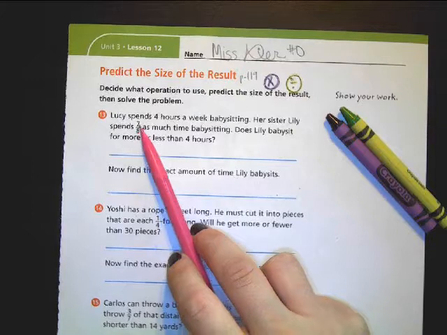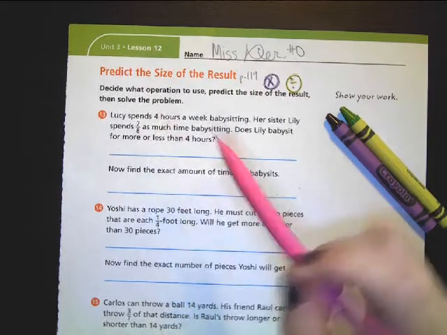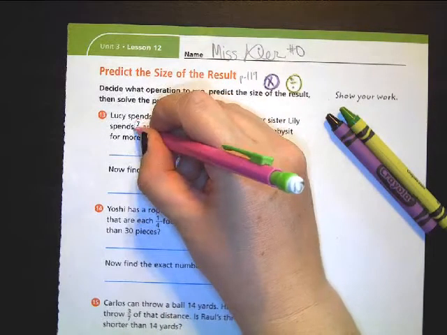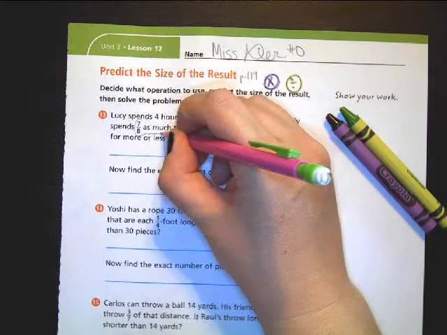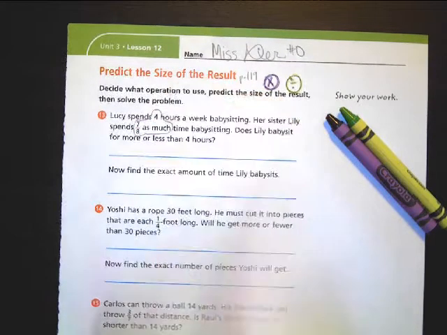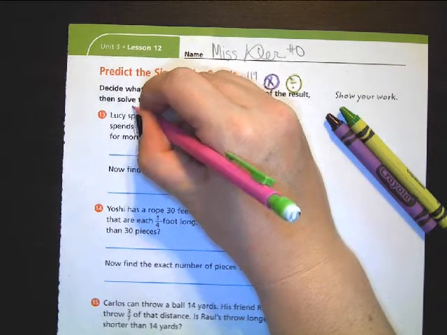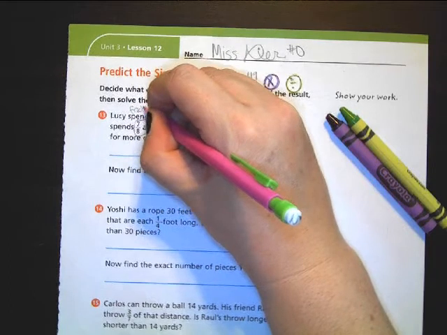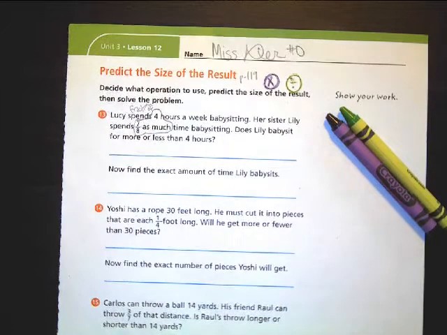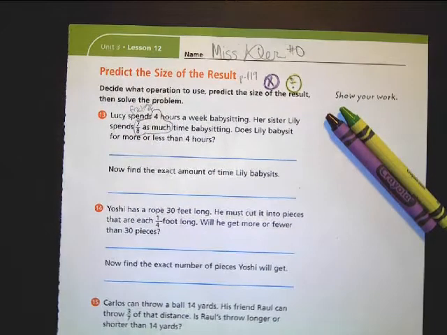So she's doing a fraction of what Lucy does. She does a fraction of 4. So we're going to write fraction of. So, is this going to be division or multiplication?